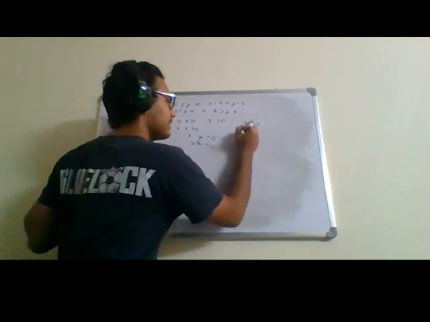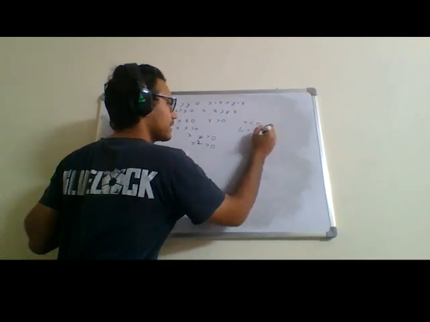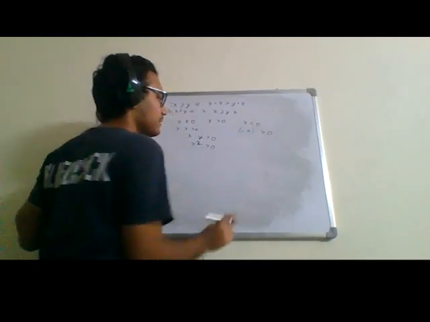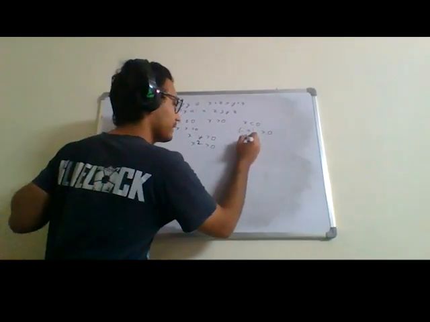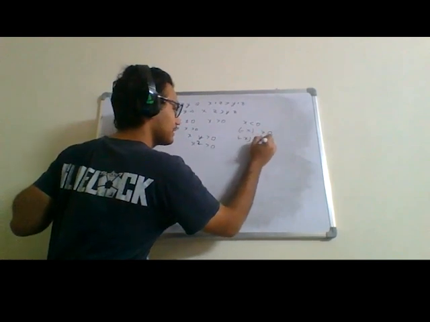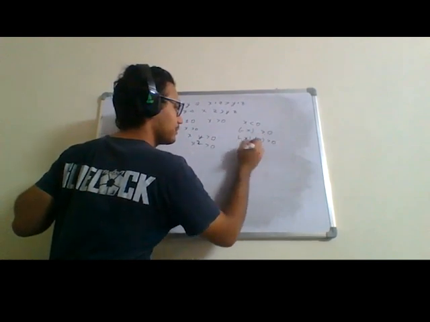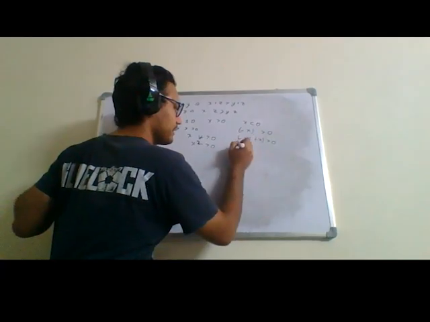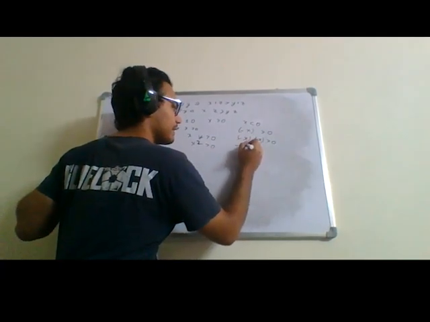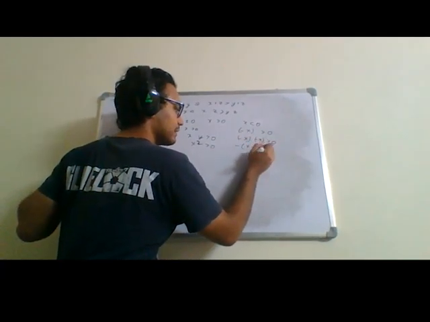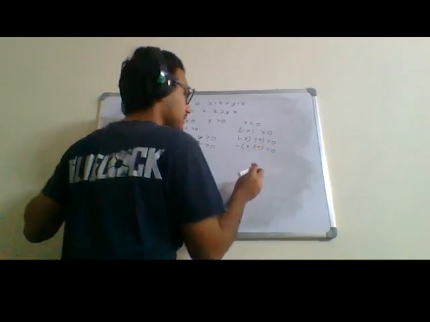Now in this case, minus of x is greater than 0, right? So minus of x dot minus of x is greater than 0. This is equal to minus of x dot minus x, which is greater than 0.